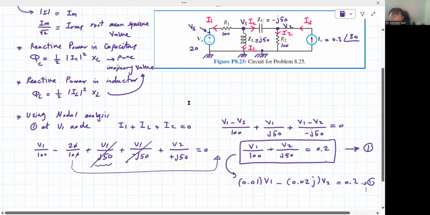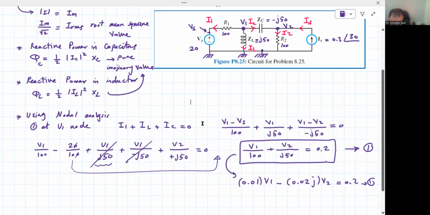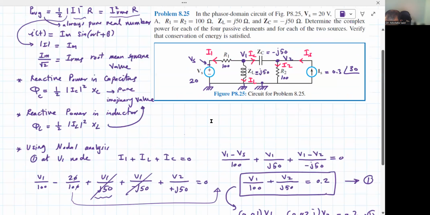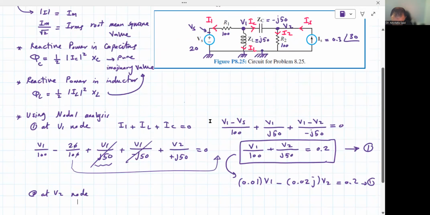That's the equation. Now let's do Kirchhoff's current law at node V2 this time. Number two, at V2 node, we have IC going in, IS going in, and I2 going out. So IC plus IS minus I2 equal to 0.